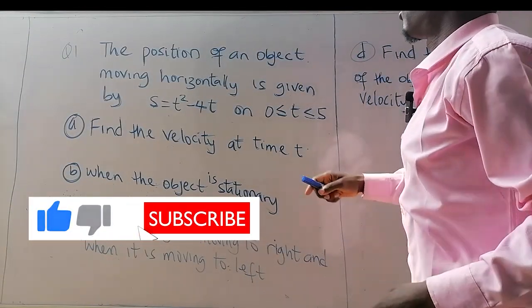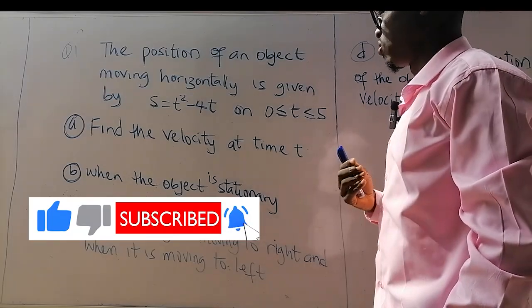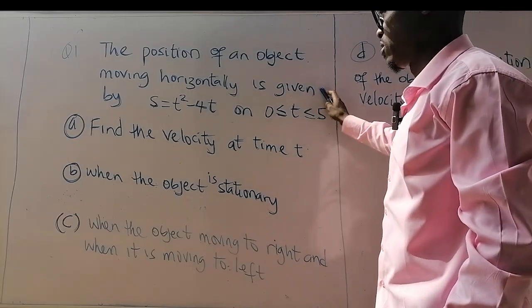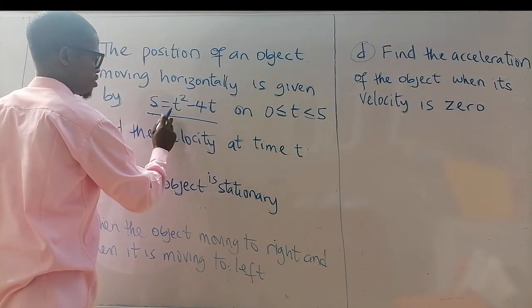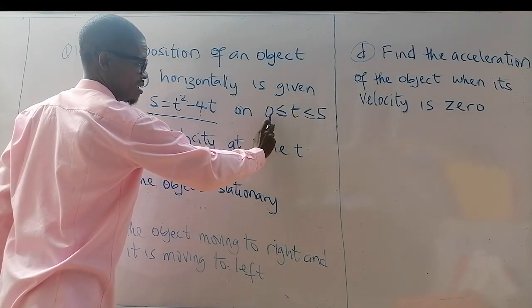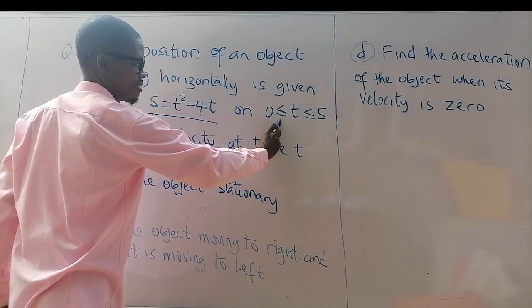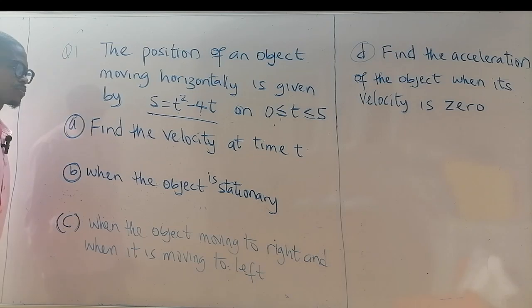Question 1: the position of an object moving horizontally is given by x = t² - 4t on the interval 0 ≤ t ≤ 5. Find the velocity at time t.